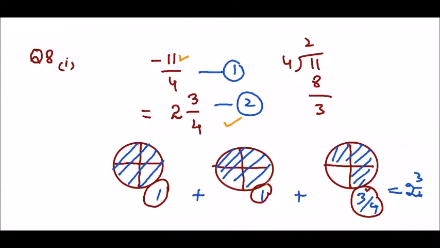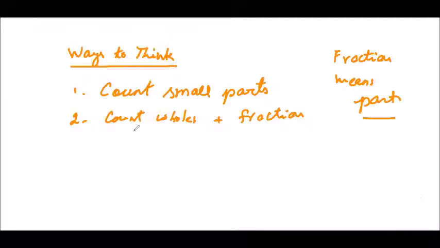Here whole means 4 parts. Here also means 4 parts. 4 parts, 4 parts, and 3 parts. We get 11. So here we have 1 plus 1. We have 2 whole parts and 1 is fraction.